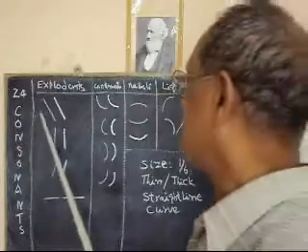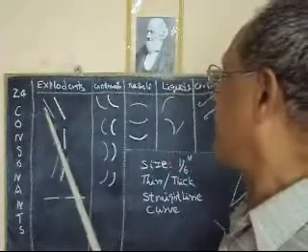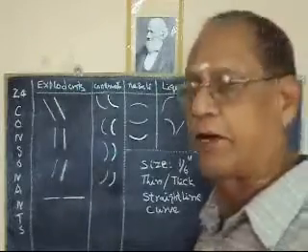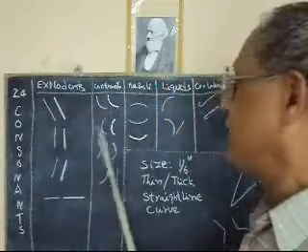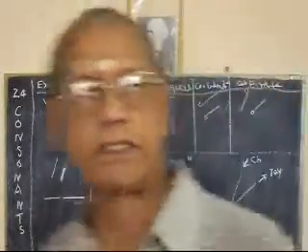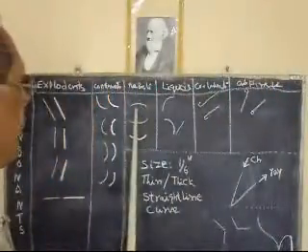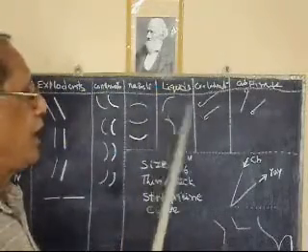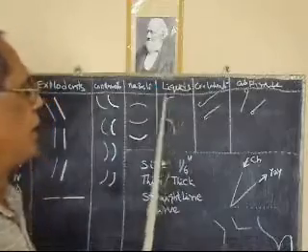P, B, T, D, CH, J, K, G are called explodents. F, V, TH, TH, S, Z, SH, ZH are called continuants. M and NG are nasals. L, R are called liquids.